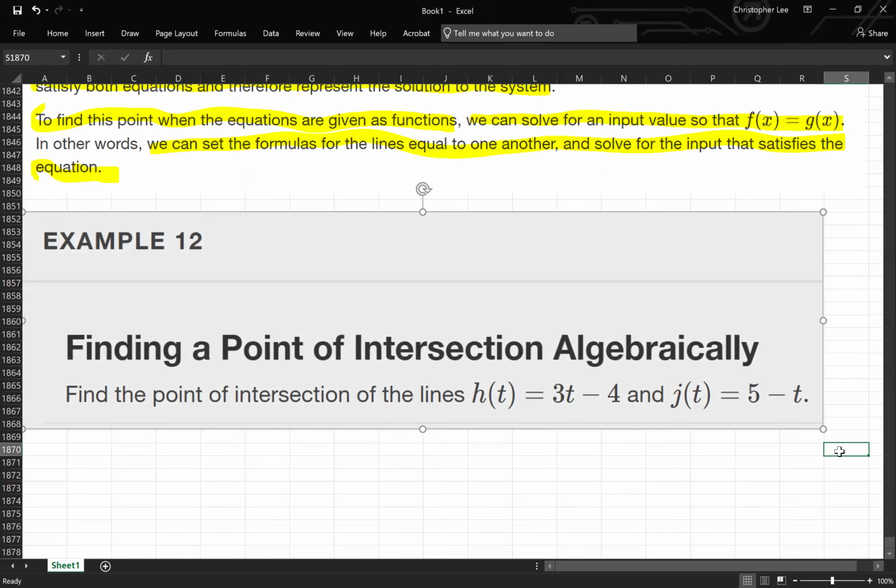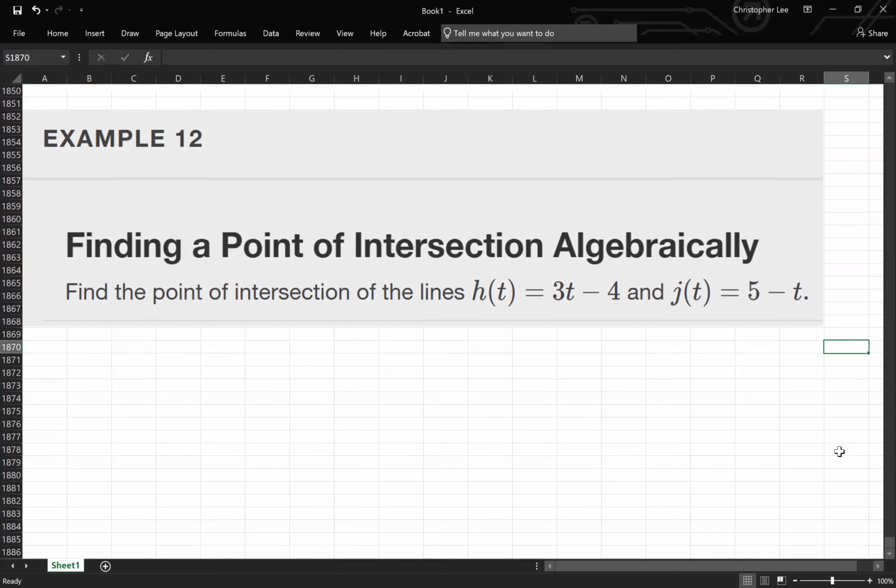So finding a point of intersection algebraically, we have h of t is equal to 3t minus 4 and j of t is equal to 5 minus t. Sorry about that, right? So I want to find the point of intersection, right?